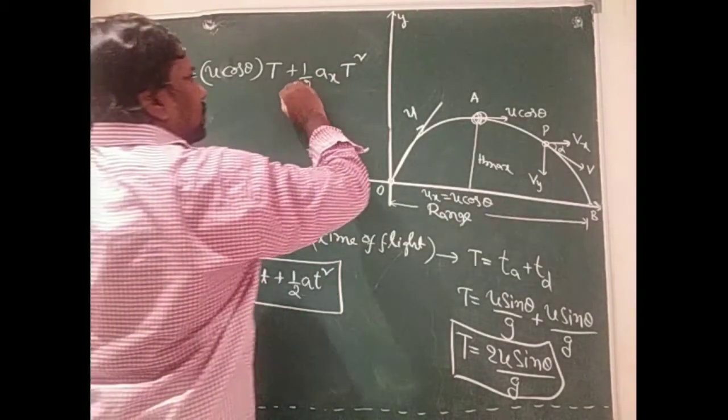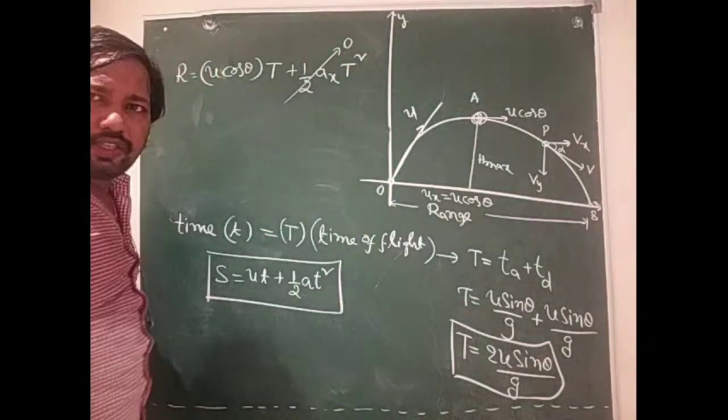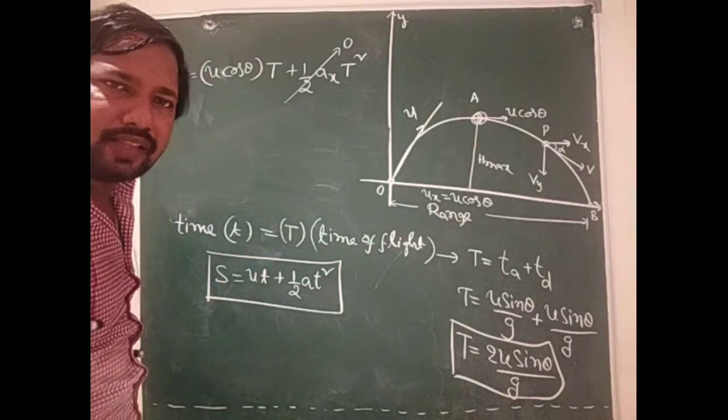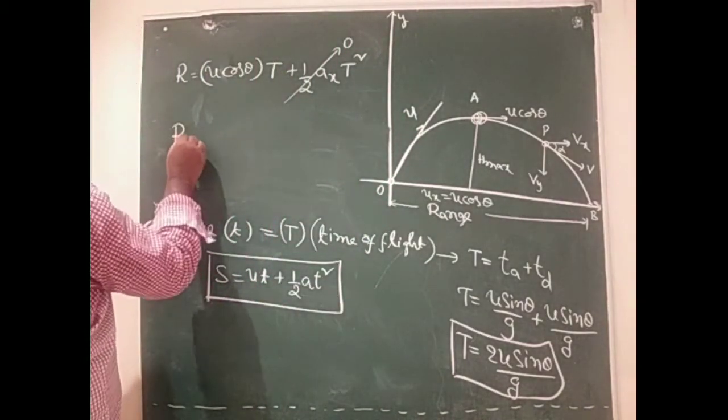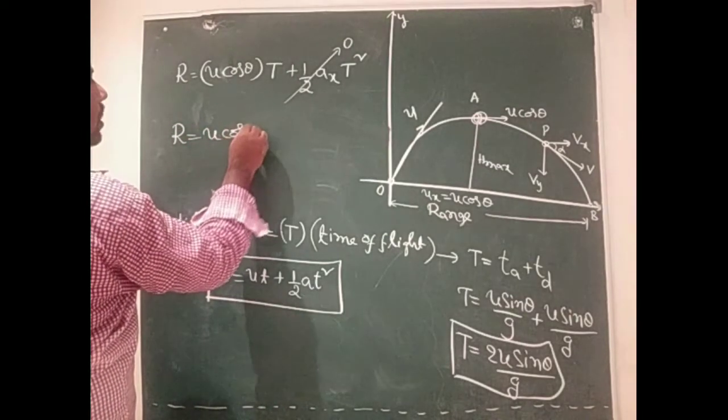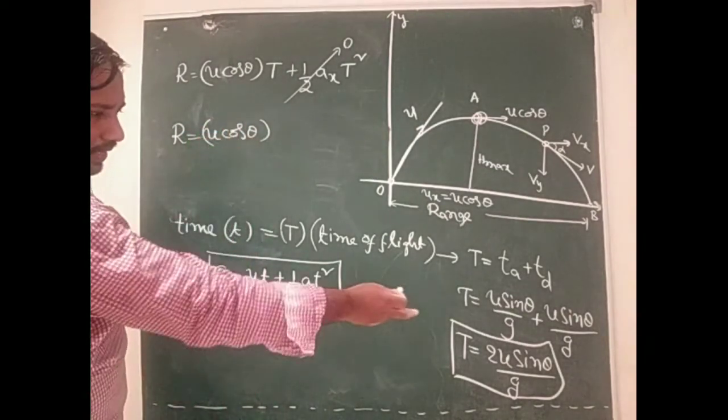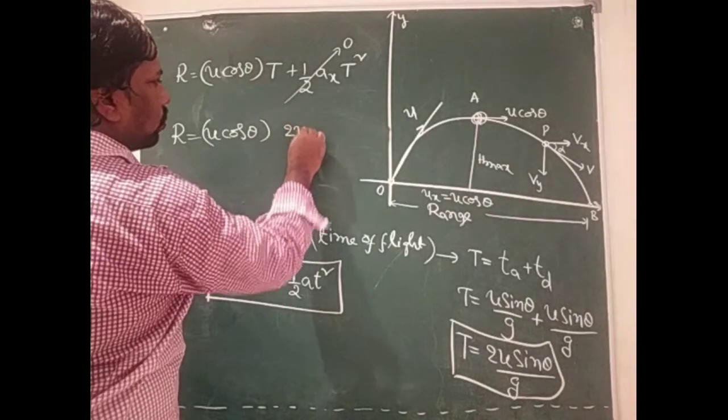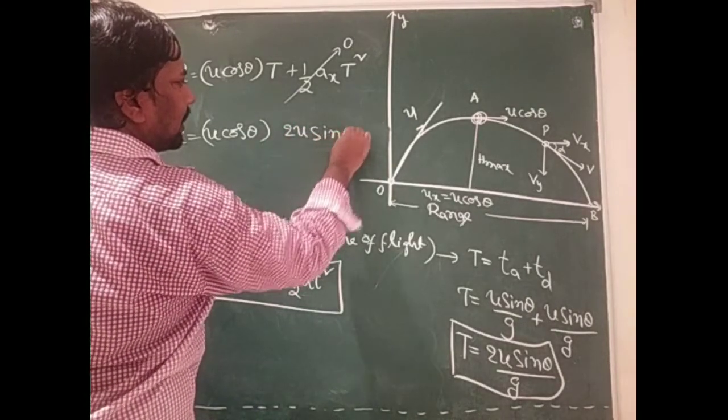So in this situation, along horizontal direction there is no acceleration, so a_x equal to 0. So therefore range equal to u cos theta into, here time of flight is 2u sin theta by g.